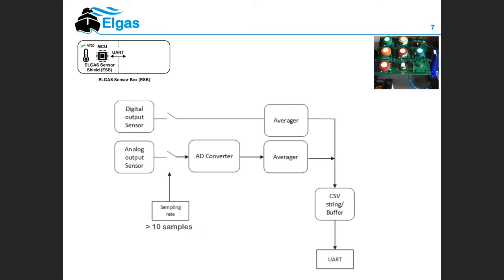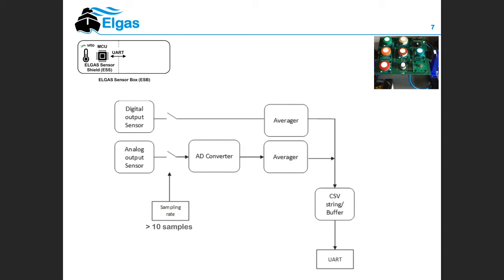In general, we have two types of sensors: sensors with analog output, so it's simply a voltage difference, and sensors with digital output. That's why we have just two streams over there, let's say.